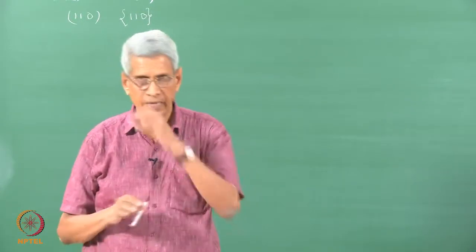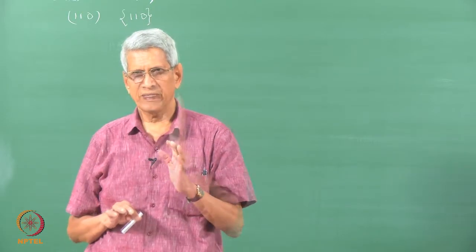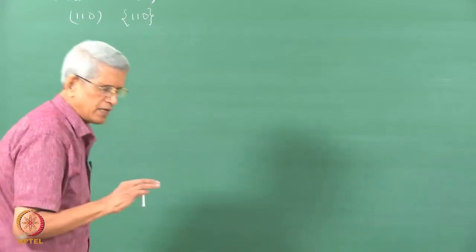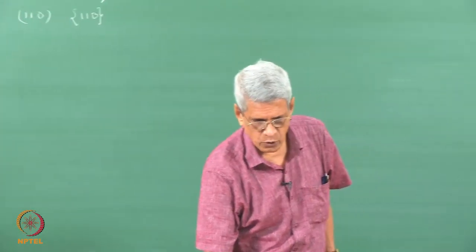But in the case of a hexagonal system, there is a disconnect between what the indices represent and the symmetry. We can look at this in the figure shown here.